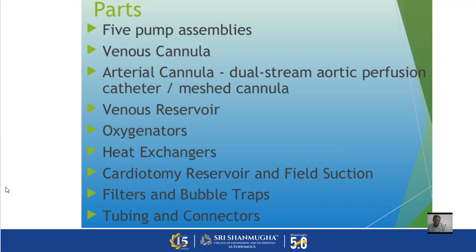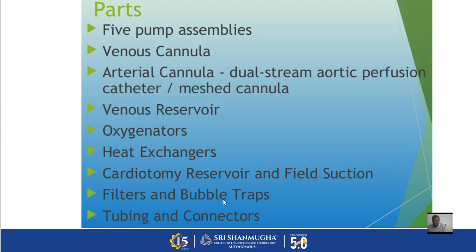The next one is the heat exchanger. When blood comes out of our body into the extracorporeal circuit, its temperature has to be maintained at body temperature, and only then is it infused back into the body. That's why we go for the heat exchanger. Then the cardiotomy reservoir and field suction, and filters and bubble traps.